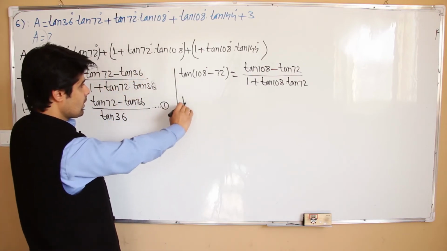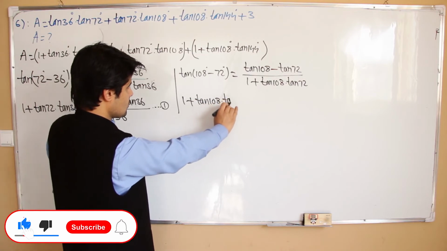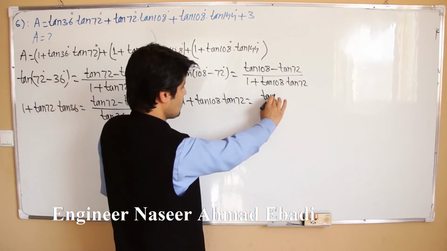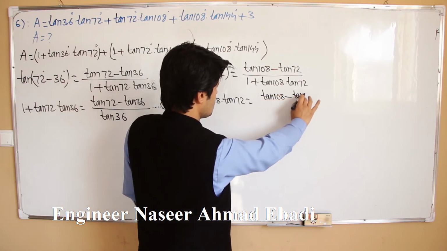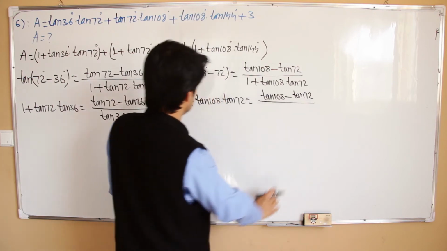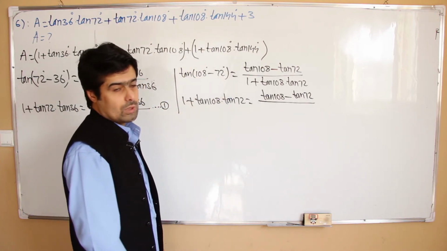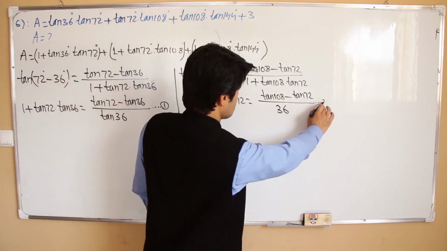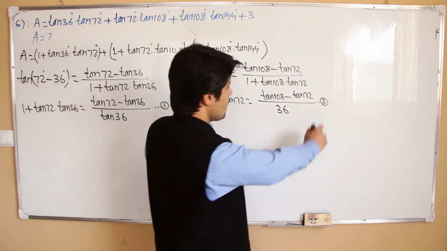Yes. 1 plus tangent 108 times tangent 72 is equal to tangent 108 minus tangent 72 divided by 108 minus 72. What is this one? I think 36. This is our second equation. Correct? Yes? Okay.